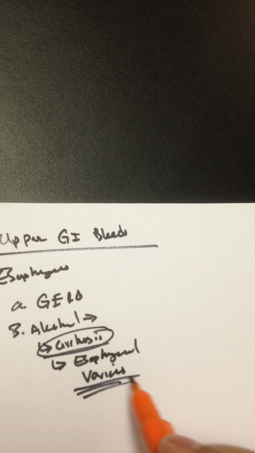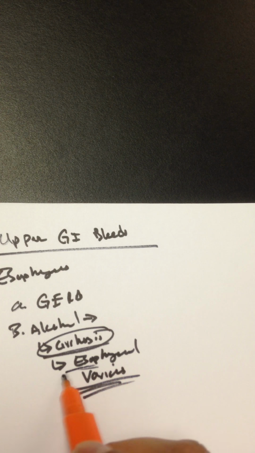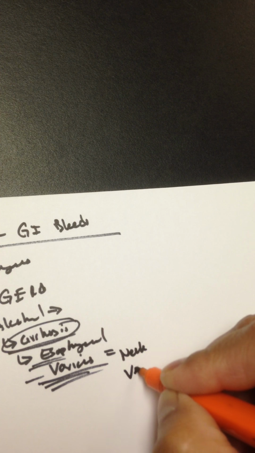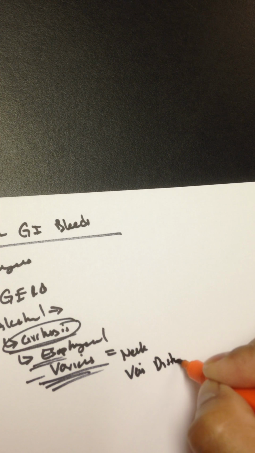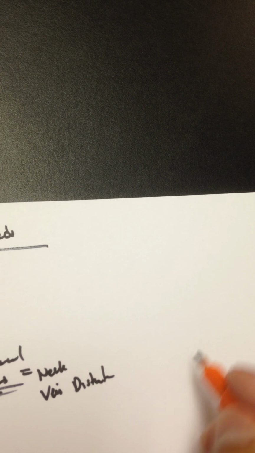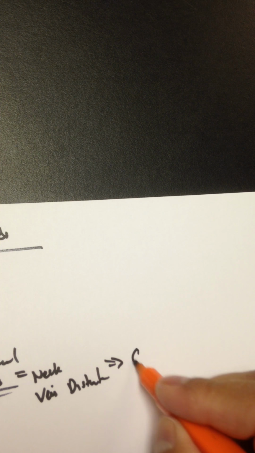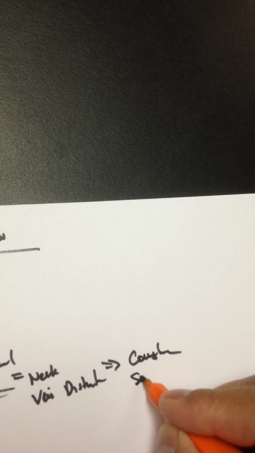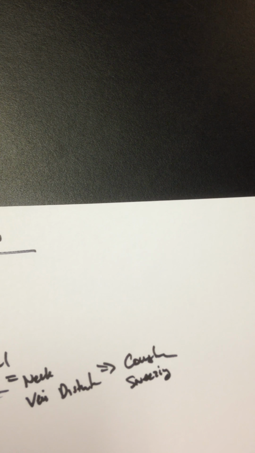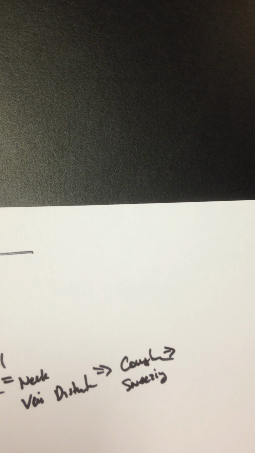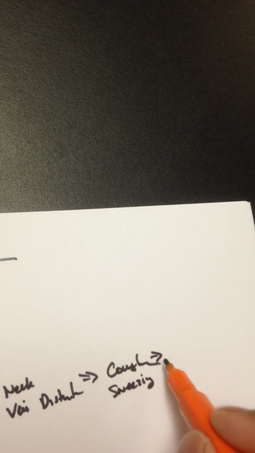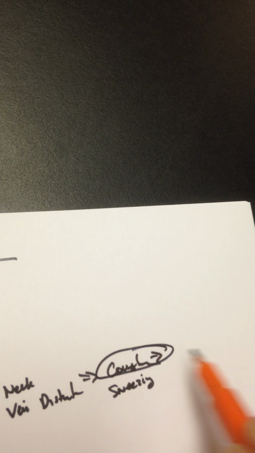Now, with patients that have esophageal varices, you will also look for neck vein distension. And one thing that you want to tell these patients is to avoid coughing and to avoid sneezing if at all possible. So if they're sick, maybe some type of pneumonia, some type of bronchitis, anything like that, you want to treat it immediately to prevent coughing.